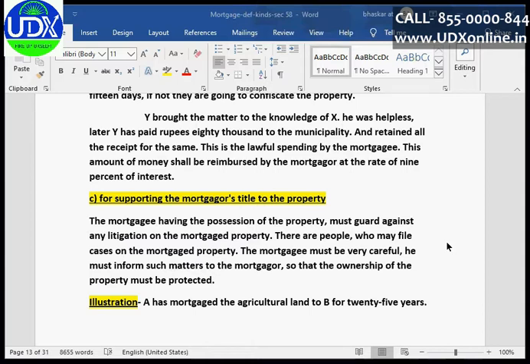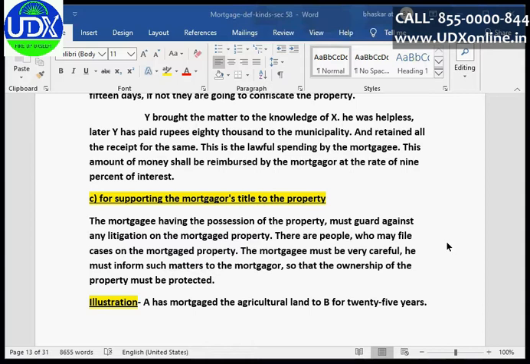So, when the property has been given to the mortgagee, the mortgagee is enjoying the property, he is having the possession of the property, then the mortgagee must be always careful.